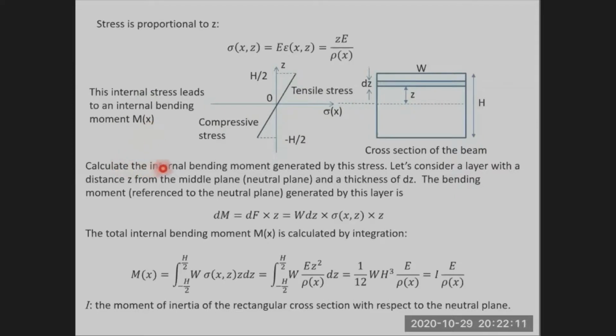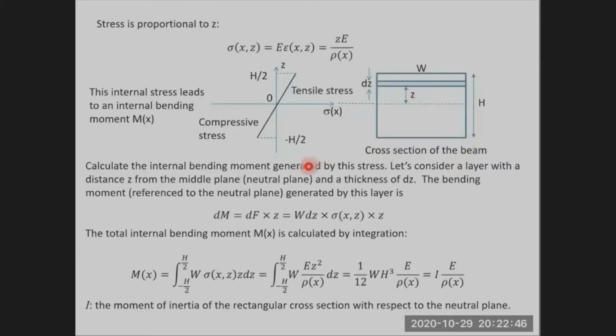Let's calculate the internal bending moment generated by the stress, sigma. Let's consider a layer with a distance z from the middle plane. Please note that this is a cross section of the beam. h is the height, w is the width, so this is a cross section. We choose a layer with a distance z from the neutral plane, and its thickness is dz, so a very thin layer.